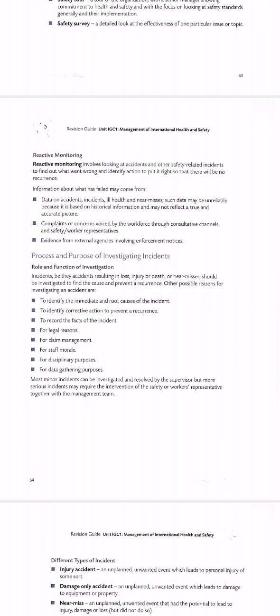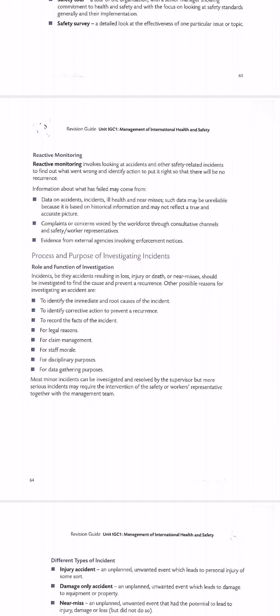So this simply means that in the reactive, accident has already happened, or something has already happened. So what measures are you going to put in place for this thing not to reoccur, not to happen again? The measure, the solutions you will use to solve this problem, right?